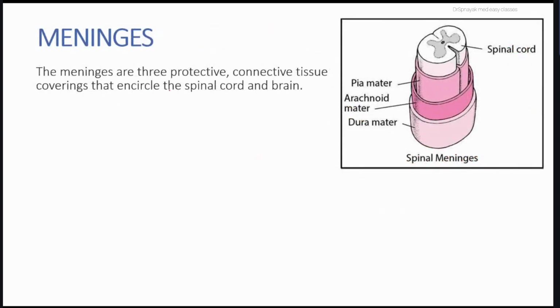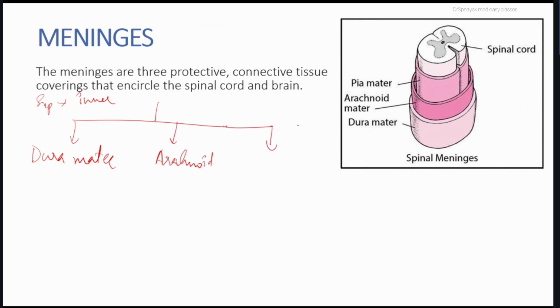So let's learn about the three protective meninges that I mentioned earlier. Meninges are broadly divided into three, from superficial to the innermost. The first is dura mater, the second is arachnoid, and the third is pia mater.